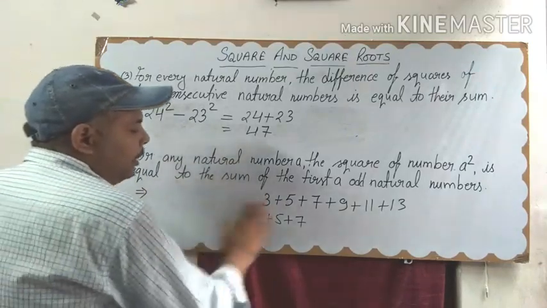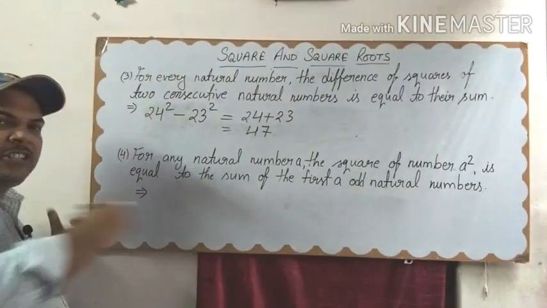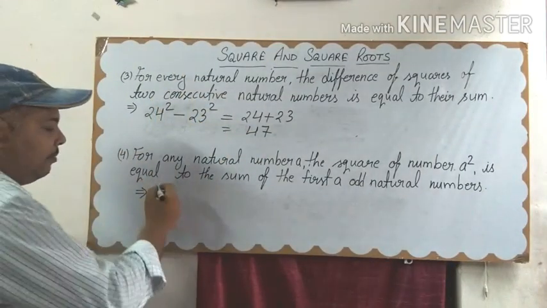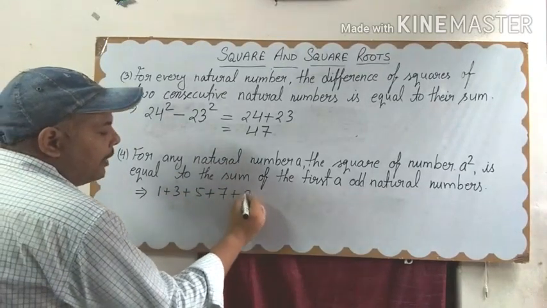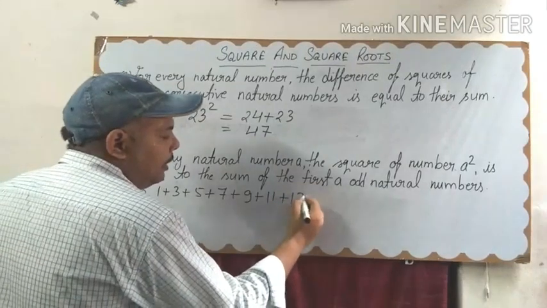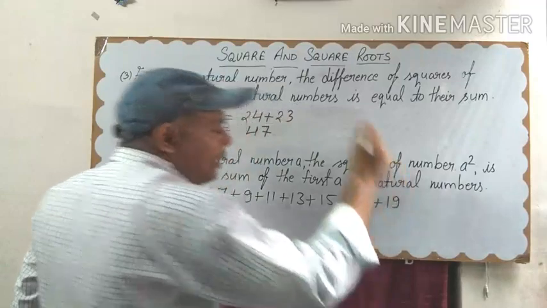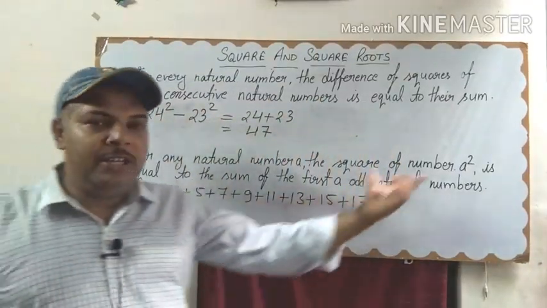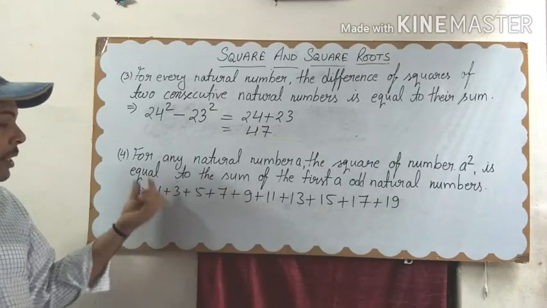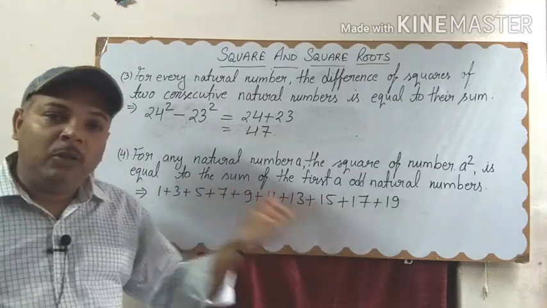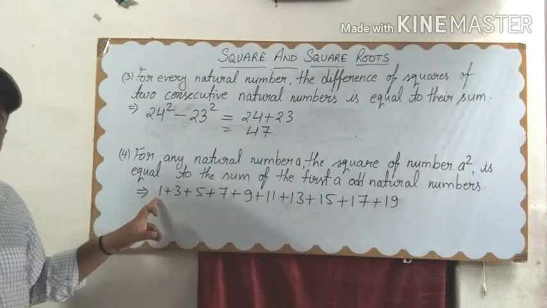So where will we use this property, I am telling you. Suppose a series of odd numbers is given from the start, means 1, 3, 5, 7, 9, 11, 13, 15, and then 17, then 19, and then the question says add these numbers. It will take much time, no? See the pattern here, all are odd numbers starting from 1.